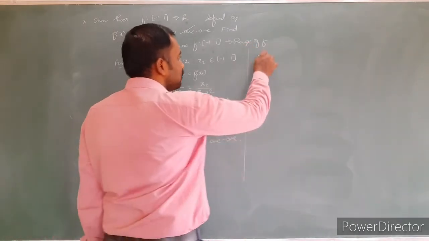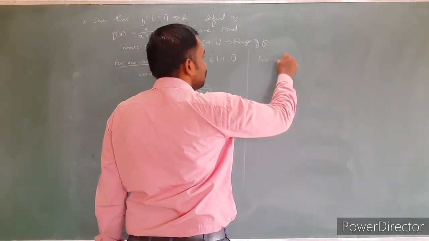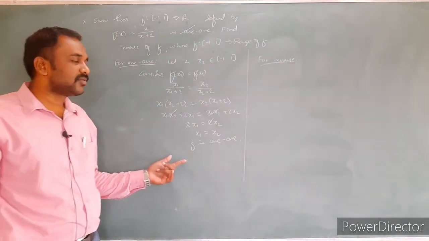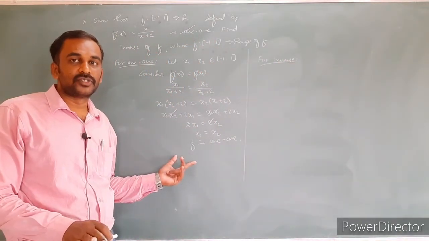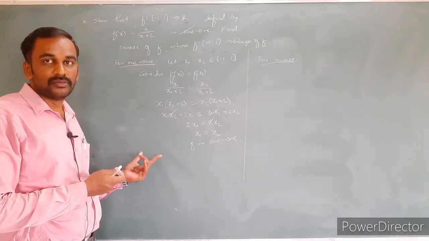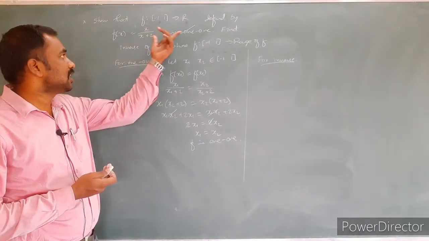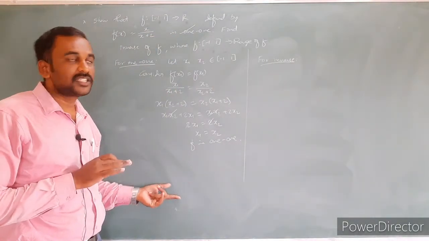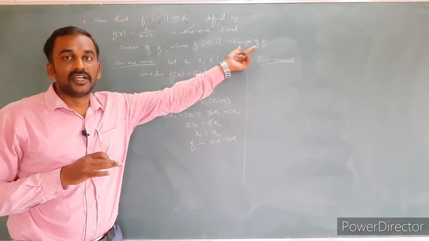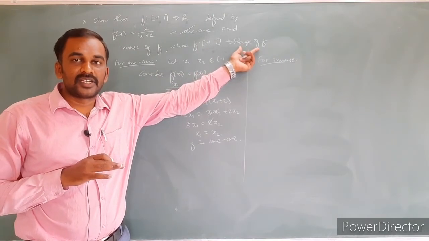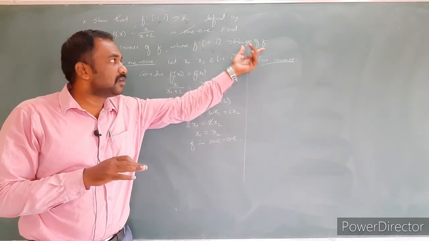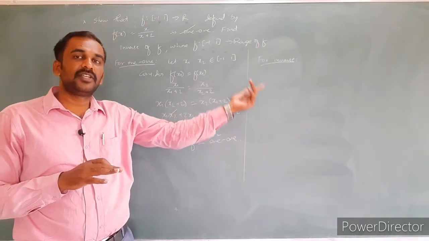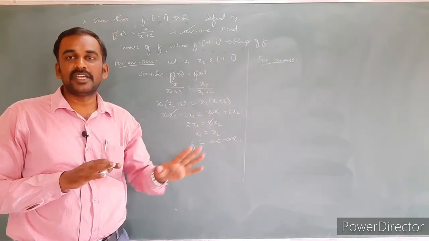Okay, the definition of inverse we know. For the inverse, one more thing: we have not shown that it is onto. They are not asking for it, only asking for 1-1. Obviously it is onto because of this condition: they have directly given a range. The range is nothing but the elements that are related. So in the codomain set, the elements that have a preimage are the only ones that exist.